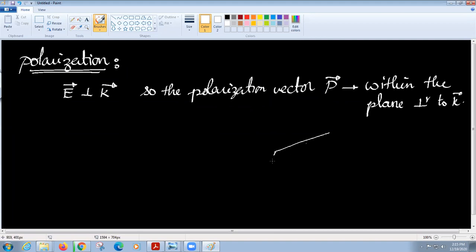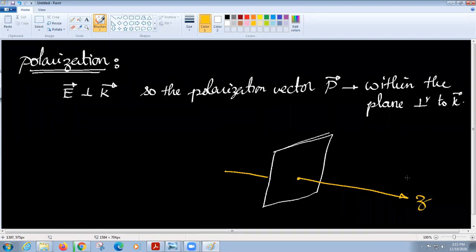For example, we have a transverse plane, and say a wave is piercing through, propagating along Z. So therefore I can take wave vector along Z. So now, this XY plane is your transverse plane.